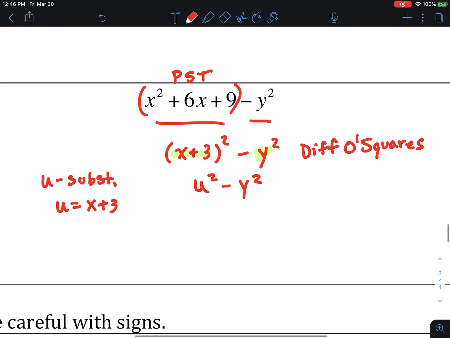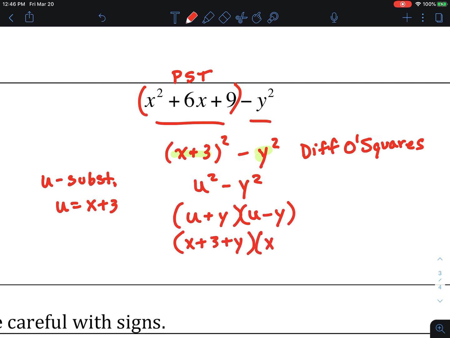And it might seem a little bit more like a difference of squares now, right? And so how would we factor this? This would be u plus y times u minus y. And finally, since u is x plus 3, we can say x plus 3 plus y is our first factor, and x plus 3 minus y is our second factor.